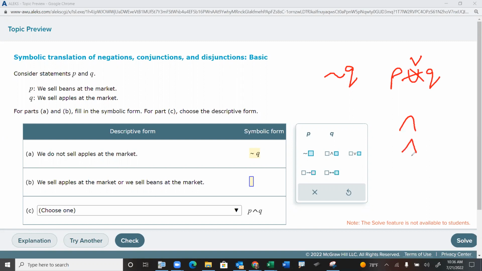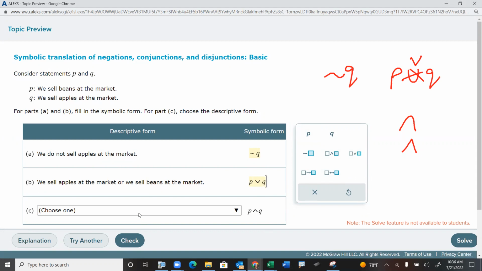I don't know why they came up with it, but that's the way it's done. So we sell apples at the market, or we sell beans at the market.